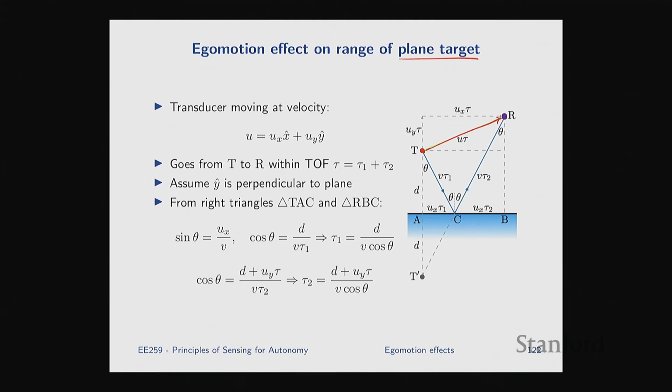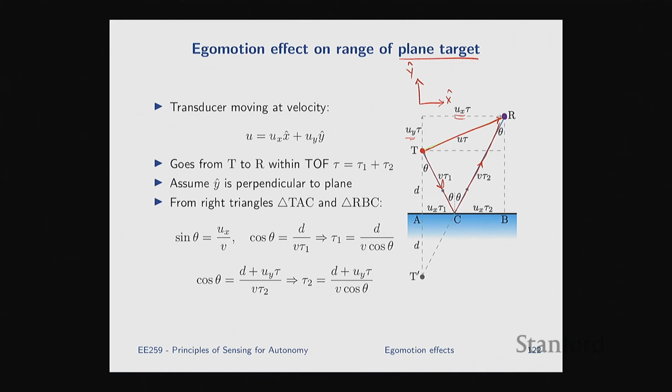So the round-trip path of sound, for the plane case, is this, right? And then as usual, we have our frame of reference. That's the x-axis, that's the y-axis, and the velocity is u, so it has an x component and a y component. Okay.